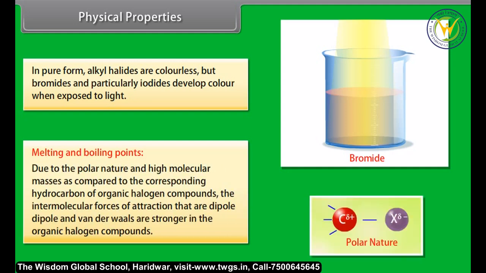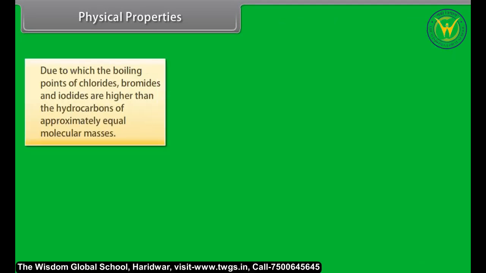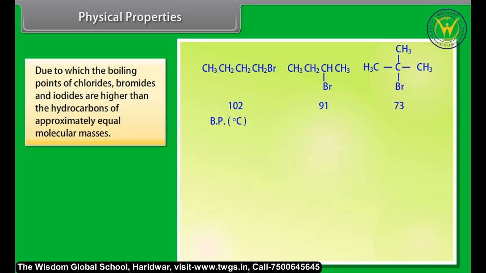Due to the polar nature and high molecular masses, as compared to the corresponding hydrocarbon, of organic halogen compounds, the intermolecular forces of attraction, that are dipole-dipole and van der Waals, are stronger in the organic halogen compounds, due to which the boiling points of chlorides, bromides and iodides are higher than the hydrocarbons of approximately equal molecular mass.